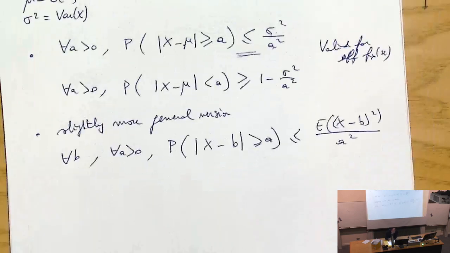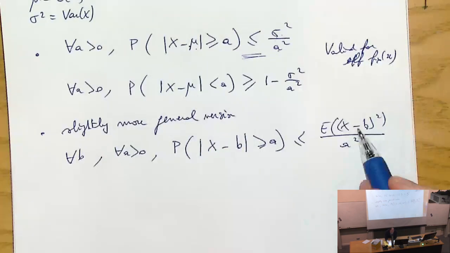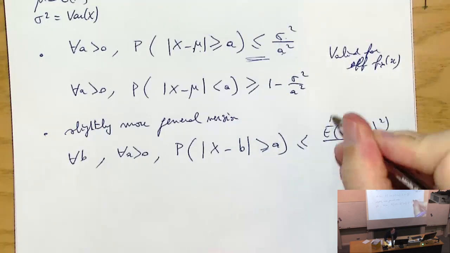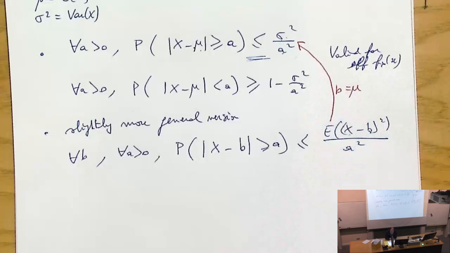And so what you see here is that if you take b equal to mu, essentially this quantity will become the variance of x, and it boils down to this, right? So you get this expression if you take b equal to mu. Okay, so this is a slightly more general version of this Chebyshev inequality.